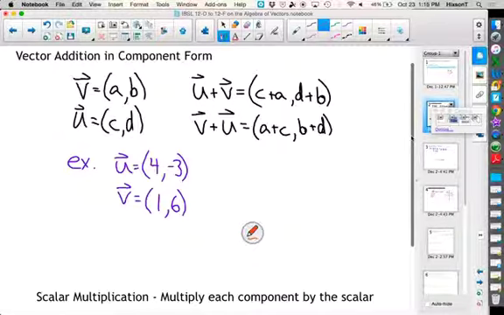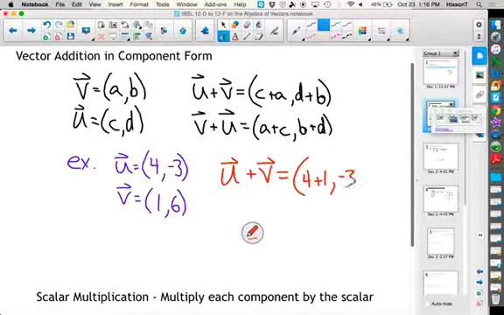When I do U plus V, I'm going to add the horizontal components, 4 and 1, and I'm going to add the vertical components, -3 and 6. I then get my resultant vector, (5, 3).